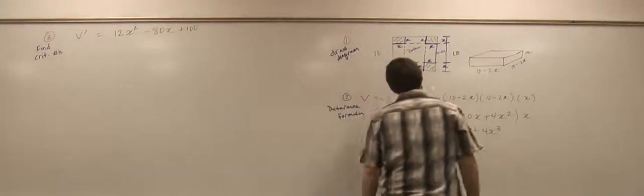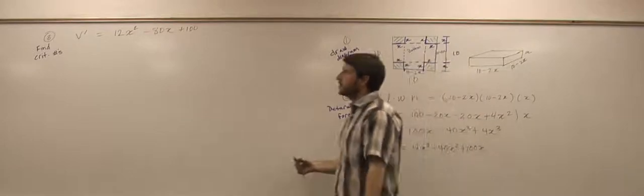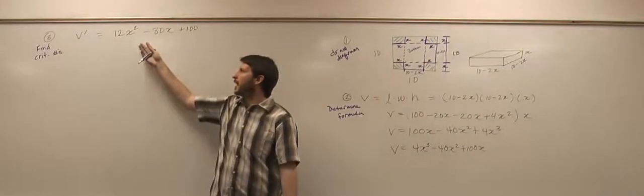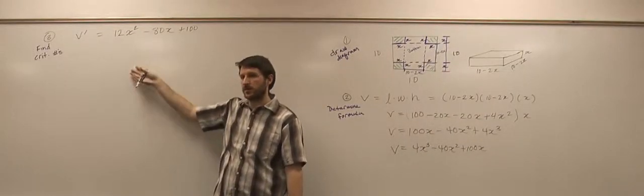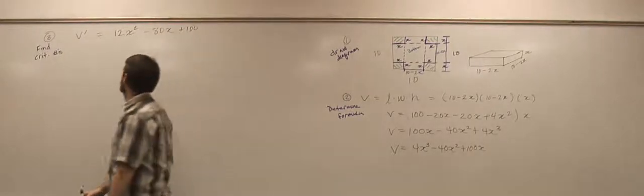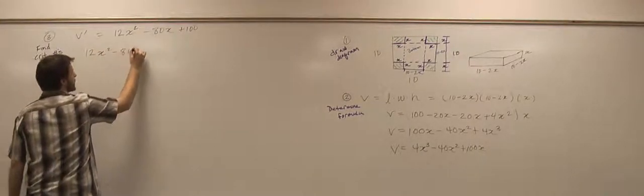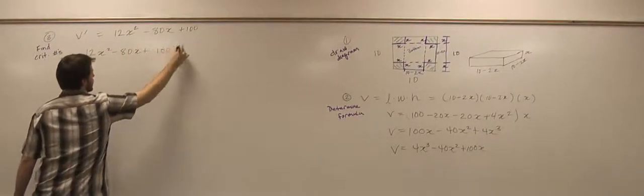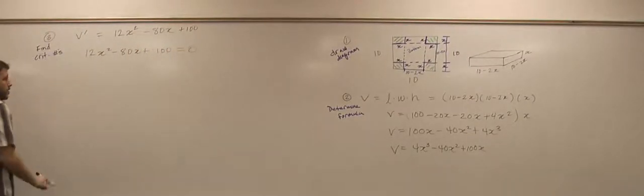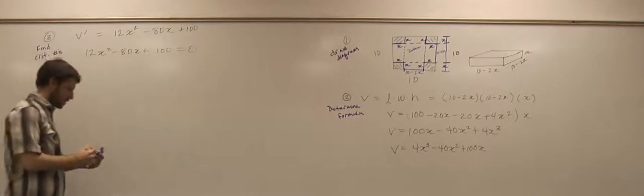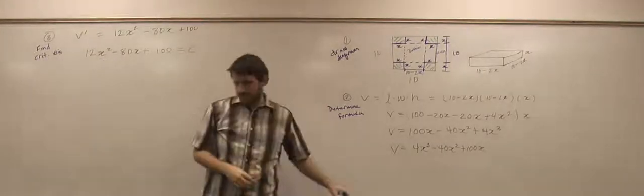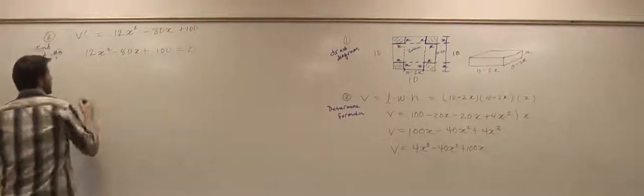Because the problem is about finding a maximum or minimum, I need to set this equal to 0, find the critical numbers. So I now need to solve 12x squared minus 80x plus 100 equals 0. Which I would probably do by factoring if at all possible.